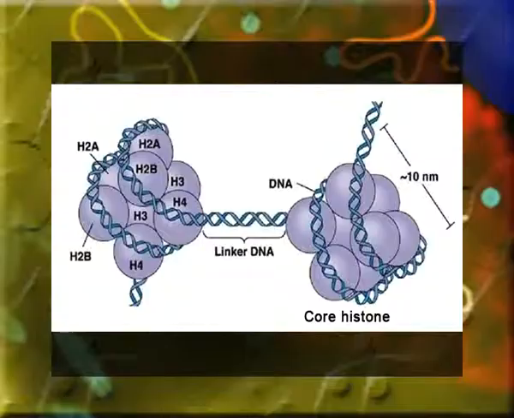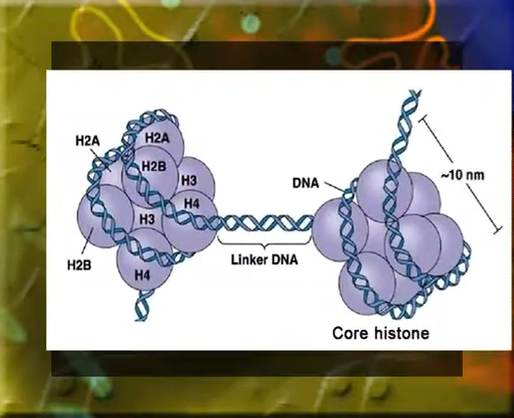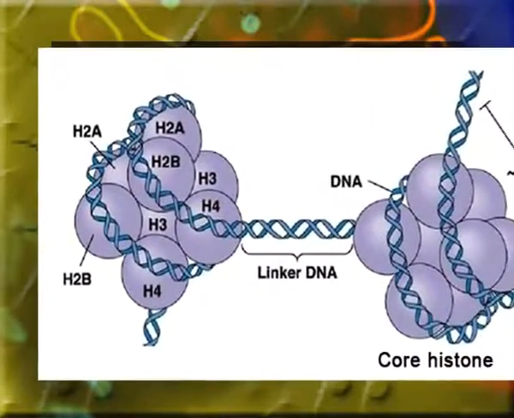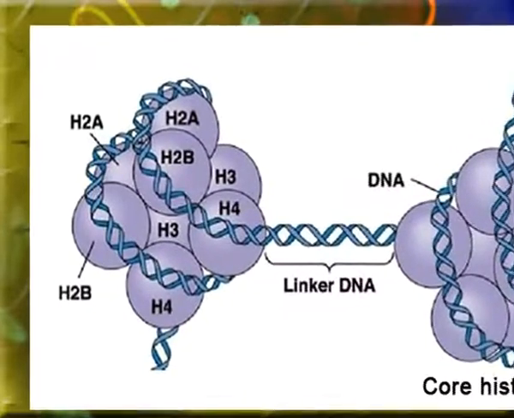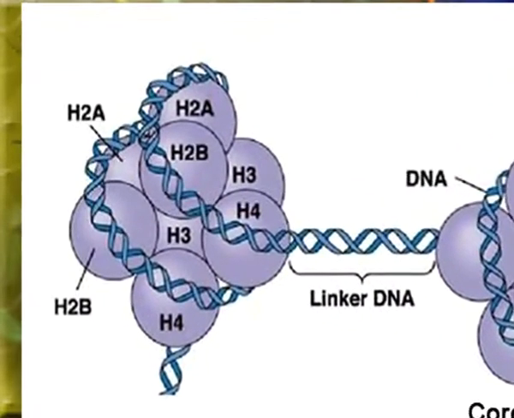First, it releases groups of particles and then it releases single nucleosomes. The nucleosome contains about 200 base pairs of DNA wrapped in a left-handed superhelix around a histone octamer that consists of two copies each of the histone molecules, that is H2A, H2B, H3 and H4.